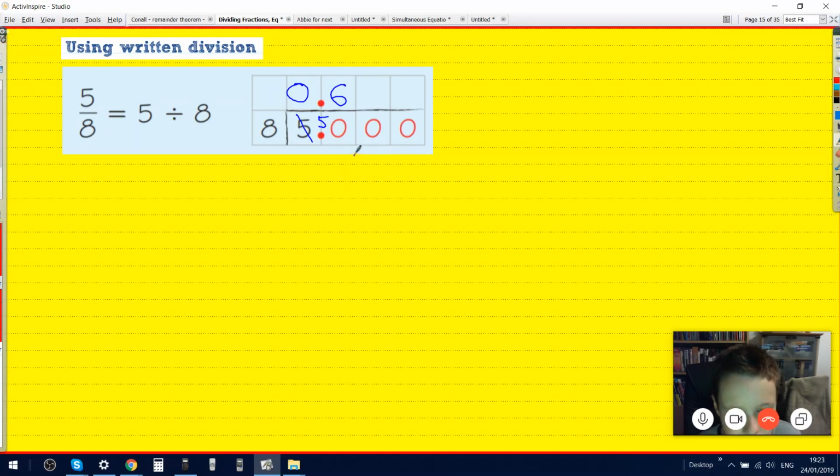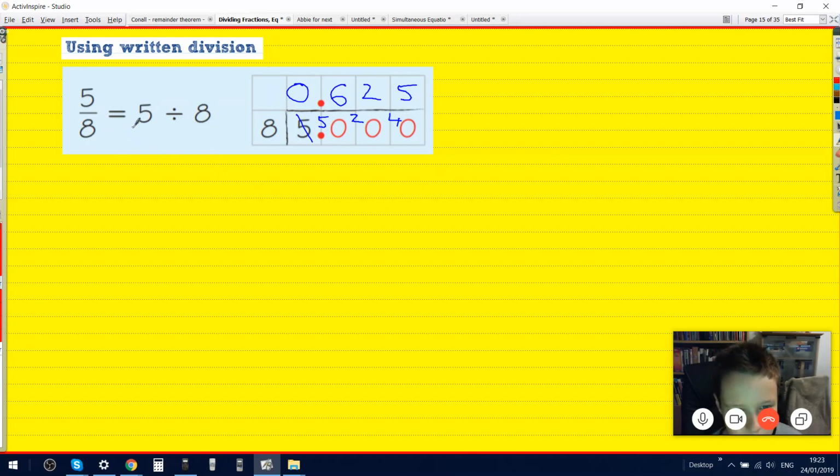And then how many 8s go into 20? It goes into 20 twice, and then there'll be 4 left over, and we will work out how many 8s go into 40, which is 5 times.